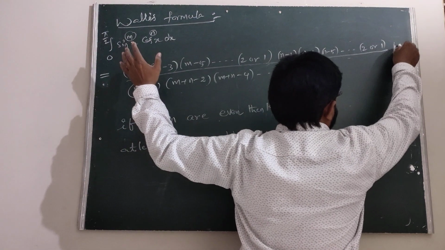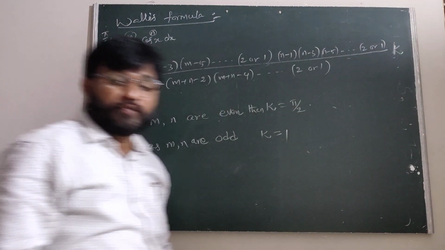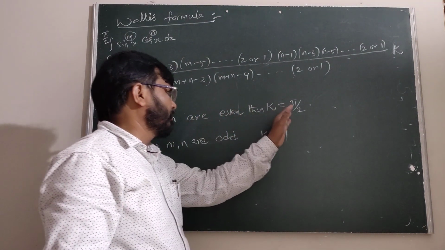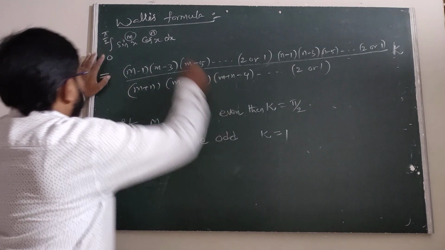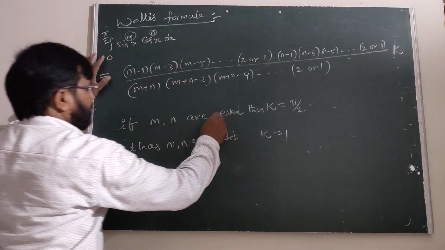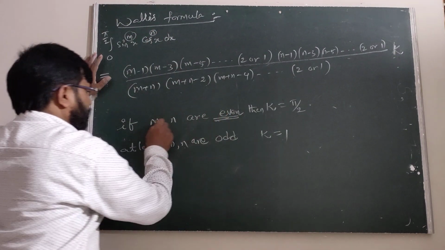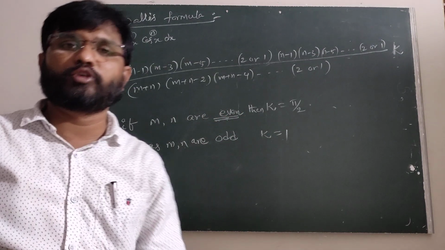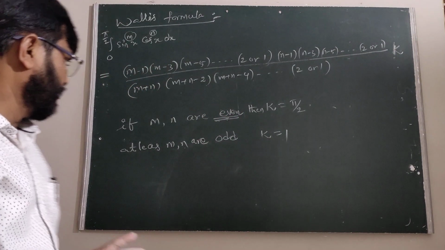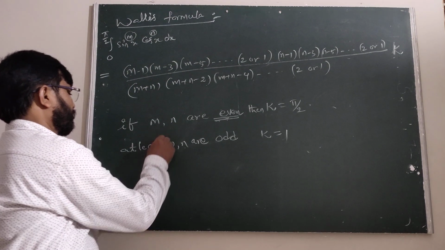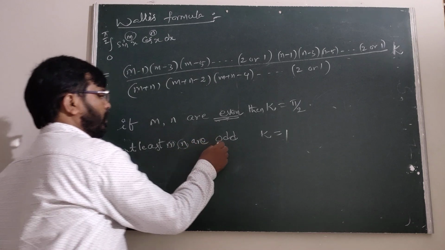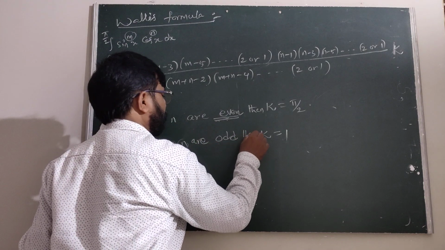Finally, we multiply by k. If m and n are both even, we take k equal to pi by 2. If at least one of m and n is odd, then k equals 1. The cases are: m even and n odd; m odd and n even; and both odd. In those cases we take k equal to 1.